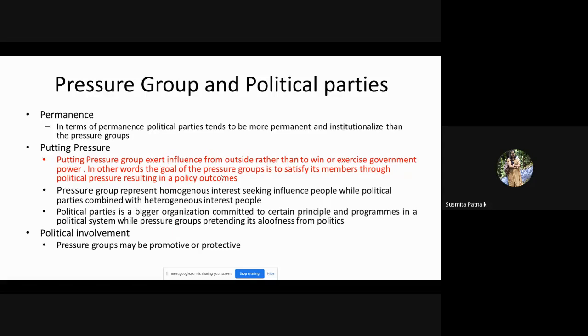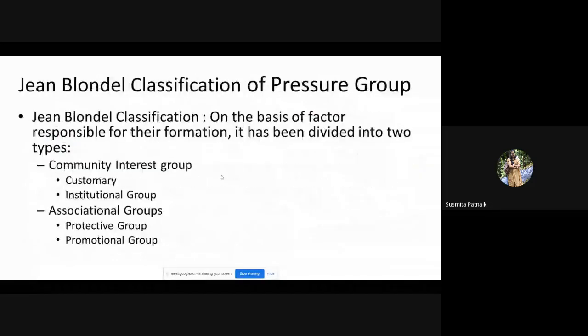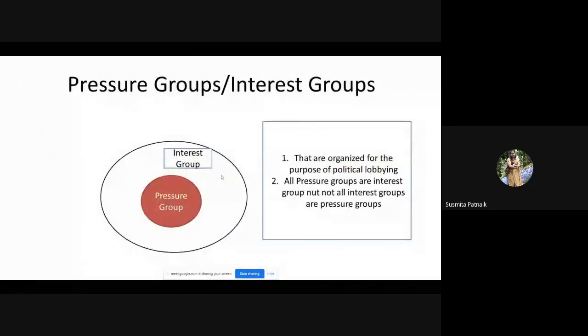When a group works only for satisfying its own interest, it is called an interest group. But when they put pressure upon the government, it is called a pressure group. So the pressure group may be called a subgroup of the interest groups.